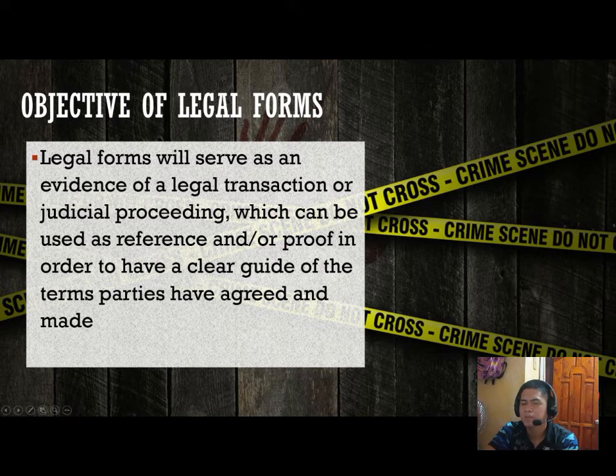So, our memory is short, so naay possibility na makalimot sa nasabutan, especially in the verbal agreement. So, agreements are important to have a particular goals to achieve by both parties. So, it is very important na both parties that are part in the agreement must remember or mahinumduman nila kung unsa ilang gisabutan.